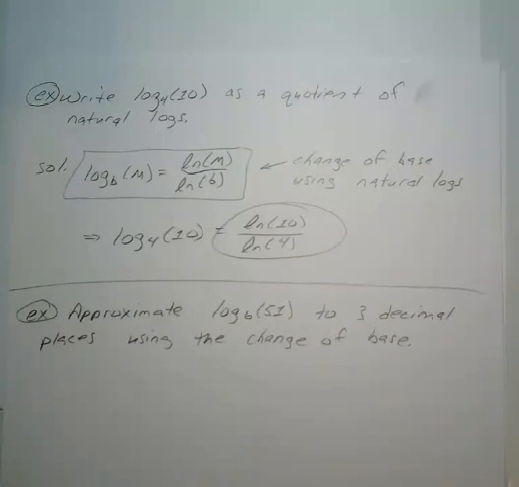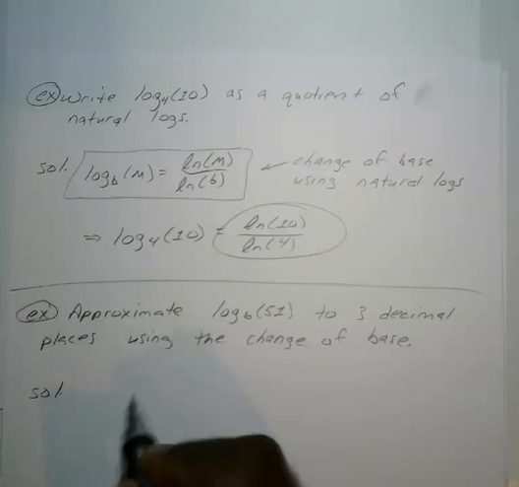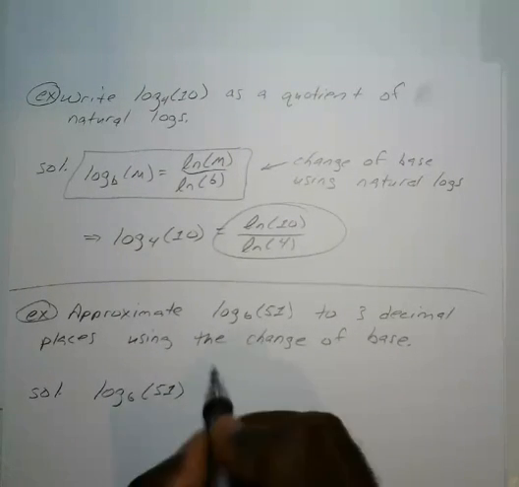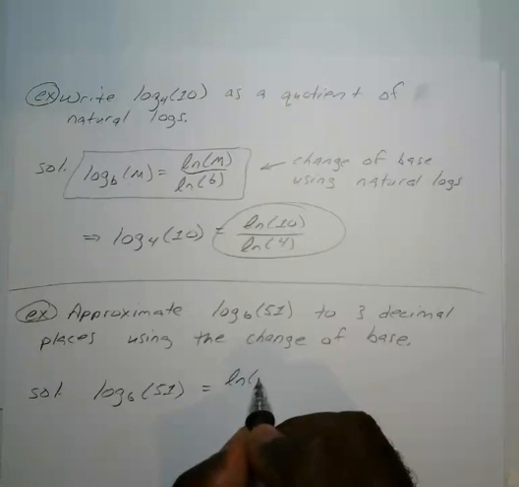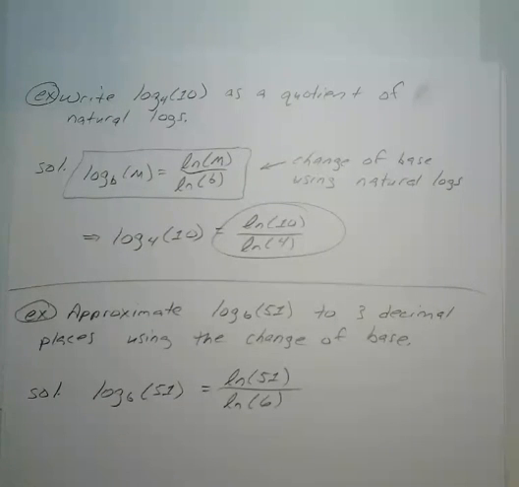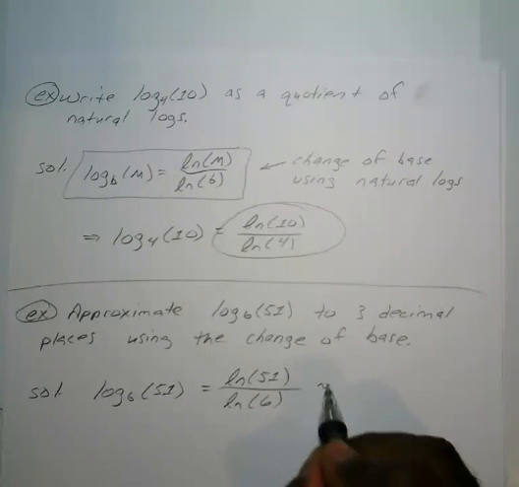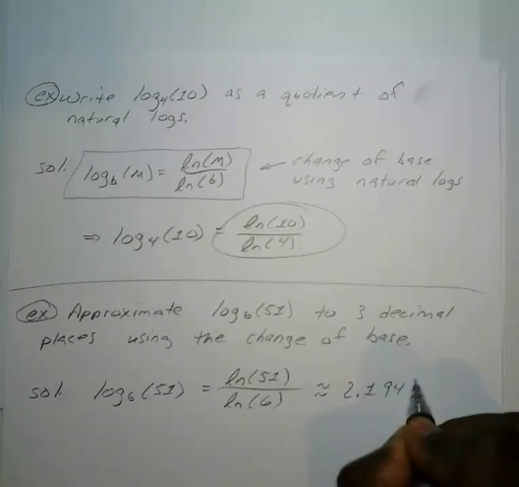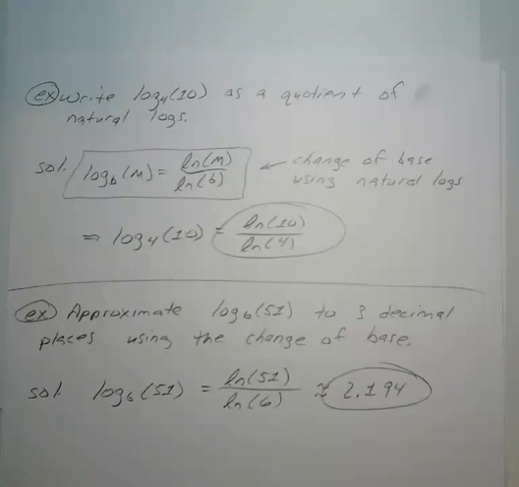So we have log base 6 of 51, and that will equal the natural log of 51 over the natural log of 6. If you plug that into your calculator, after rounding it, you will end up with 2.194 as your answer. Sometimes they want the natural log, sometimes they want the actual decimal answer. It all depends on the question.